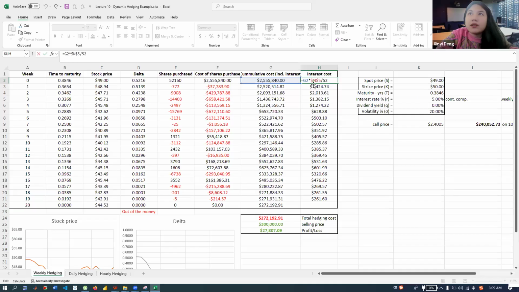So the interest cost is reflecting the opportunity cost of investing in the underlying, because if we do not invest into that underlying asset and invest into, for example, savings, we're just going to receive the interest payment. So we're giving up that interest payment if we invest in the spot.